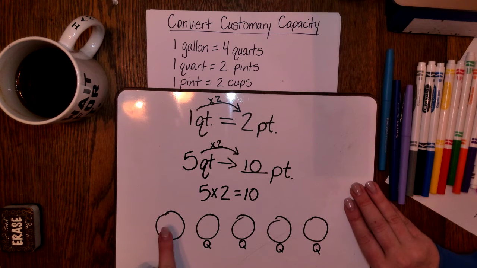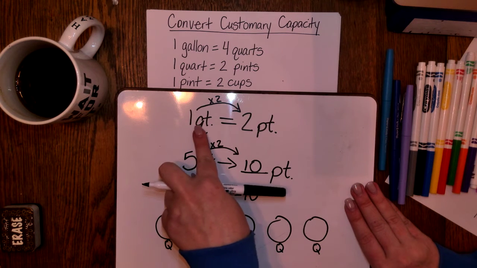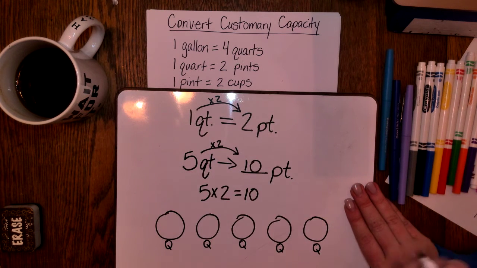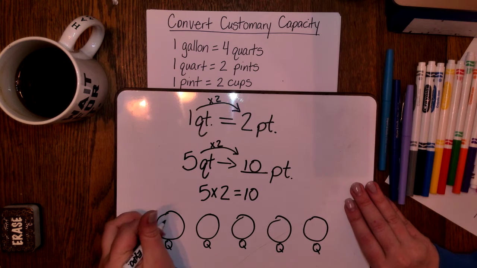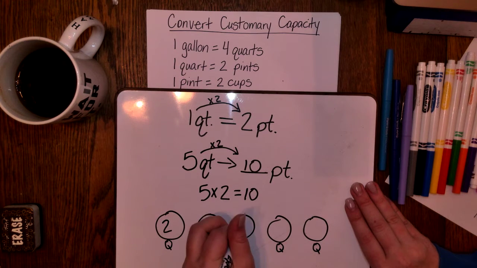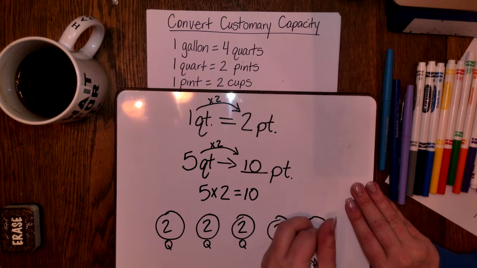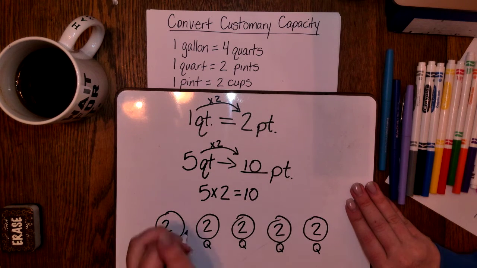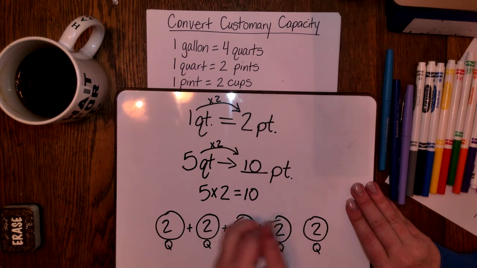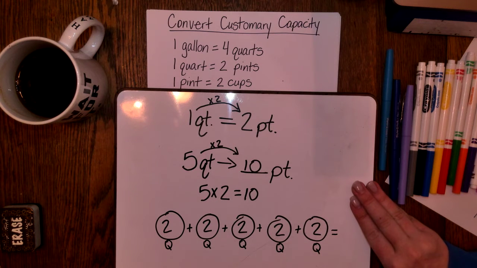Well, inside each of those quarts, how many pints do I have? Every quart is the same as 2 pints. So that's 2 pints, 2 pints, 2, 2, and 2. And when I put that all together, I get 10.